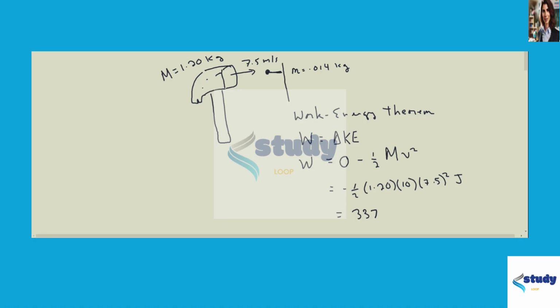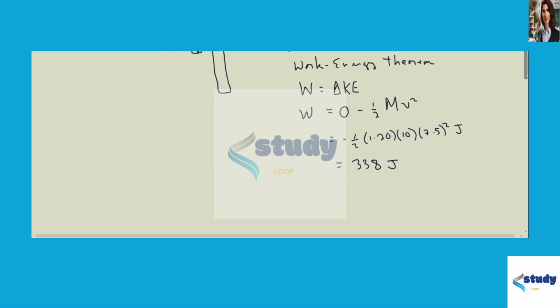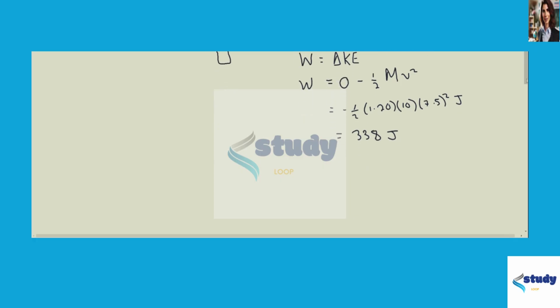That is a little bit of a misguided assumption, but otherwise we'd have to model weird things like radiative cooling and conduction, etc. So we're going to assume all 338 joules go to changing the internal energy of the nail. And that we can figure out the temperature rise by relating that increased internal energy to the mass of the nail times the specific heat of its material times its temperature change.